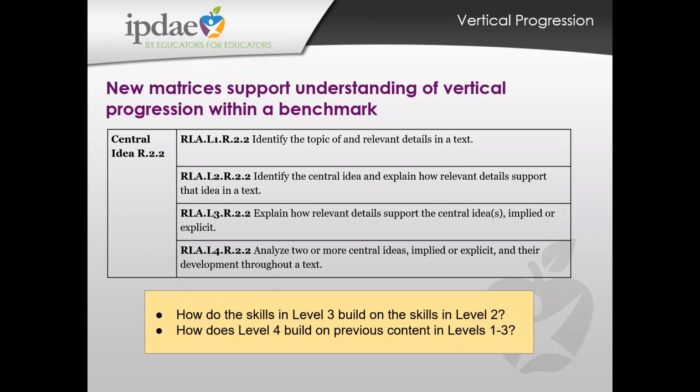Specifically, how the skills in level 3 build on the skills in level 2, and how level 4 builds on all of the previous content in levels 1 through 3. I'll quiet my voice for about 45 seconds more and let you reflect on those two questions.